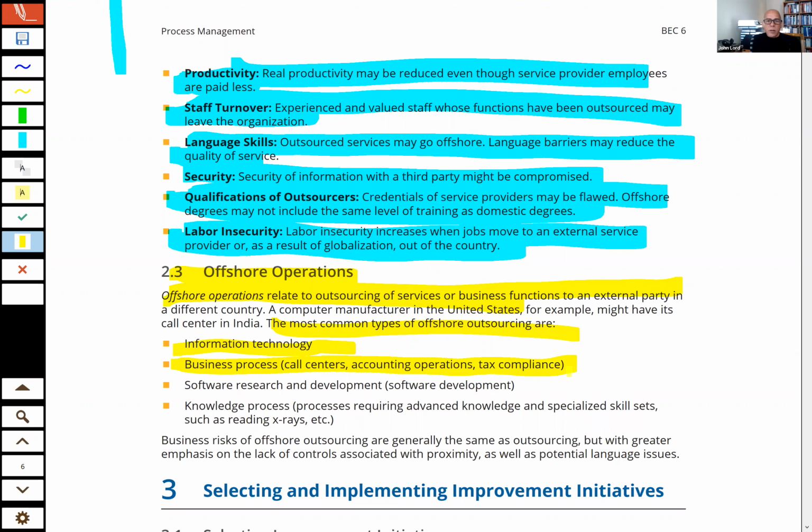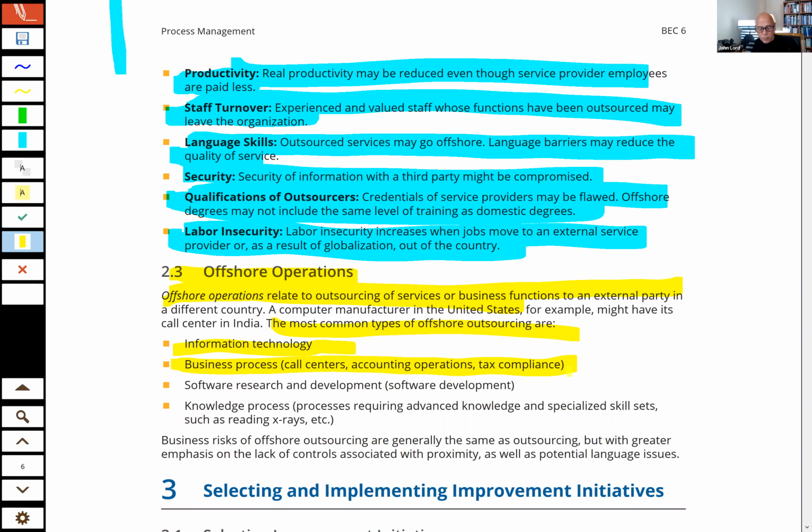That gets a little scary. Even the CPA firms are doing some of this now. They're actually having some of the work, particularly in the area of tax, done overseas, or even their human resources.